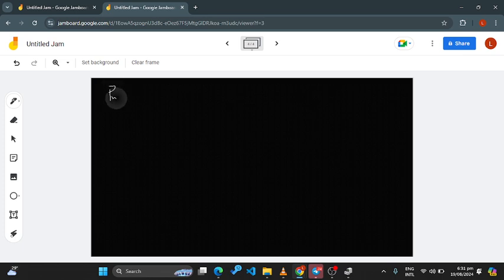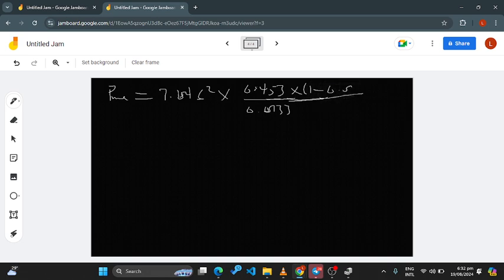So P make is equal to IR squared, which is 7.046 squared, times R, which is 0.453, all divided by 0.0133, then times 1 minus S. So 1 minus 0.0133. So we close this.